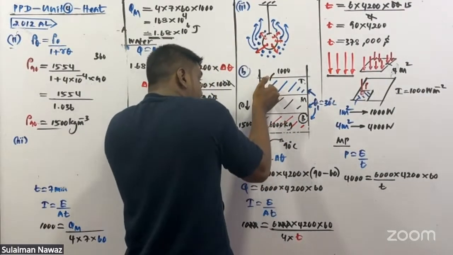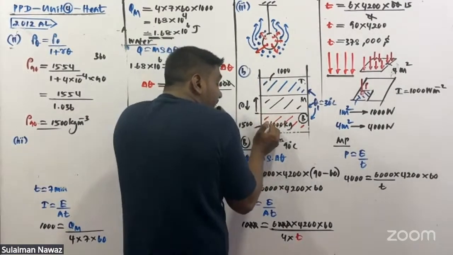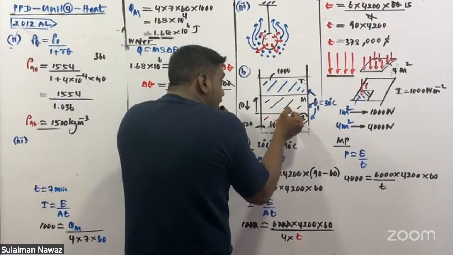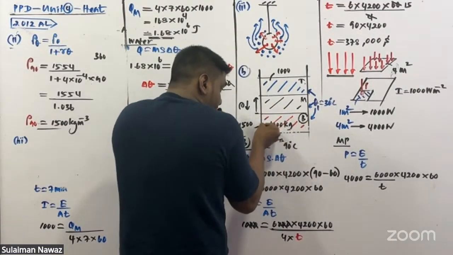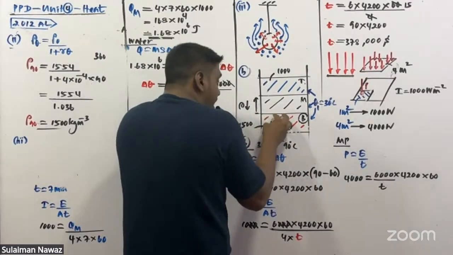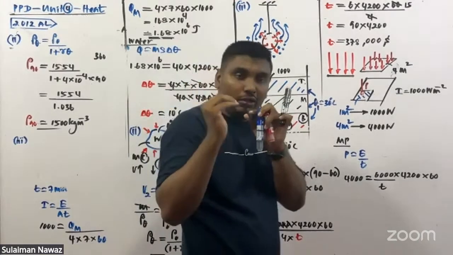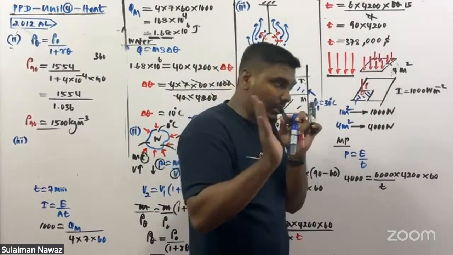Top water particle density is 1000. Bottom water particles still have high density, so how can they go upwards? Therefore, no bottom water particle goes upwards. If nothing goes upward, there is no convection current.